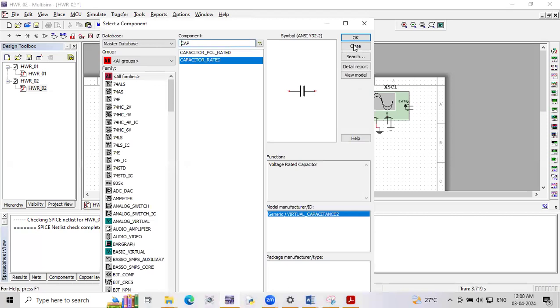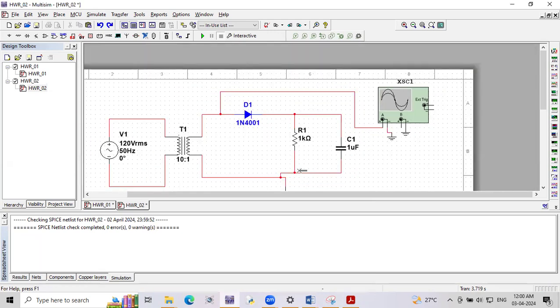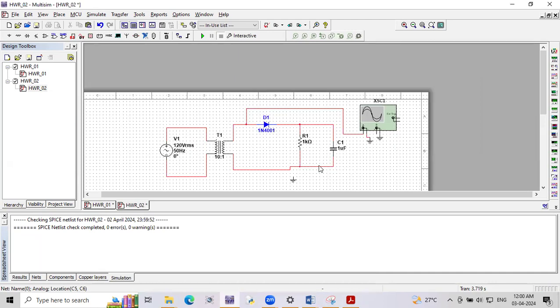Here also, you need to rotate using Control R, and then connect this to this place and this one to this place, across the output. Properly you need to make the circuit.